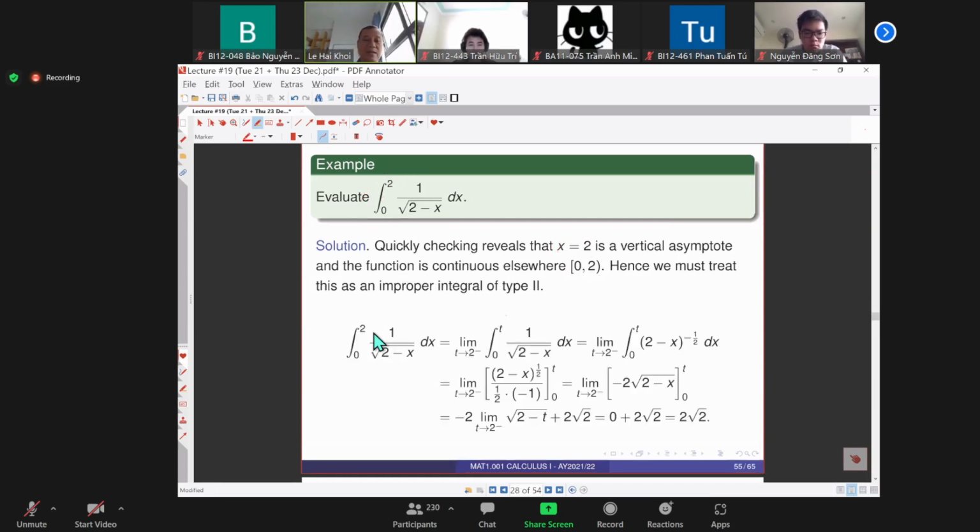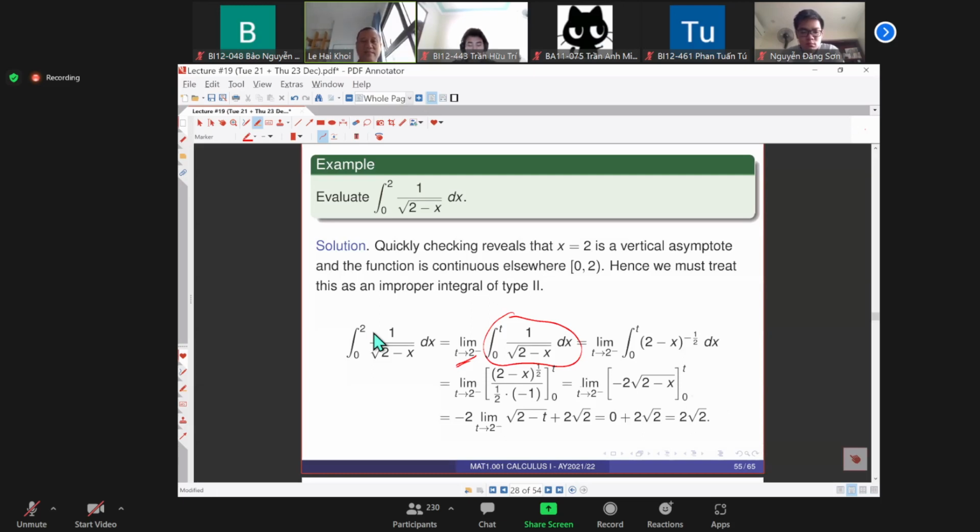And then you have to compute from 0 to t, and then let t tend to 2 from the left, which means 2 minus. Then you have the answer as usual.